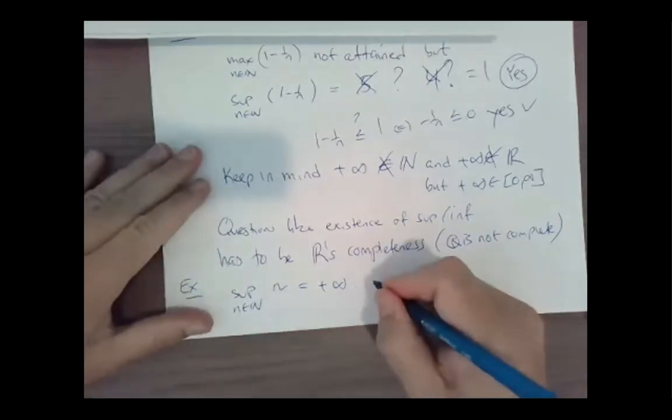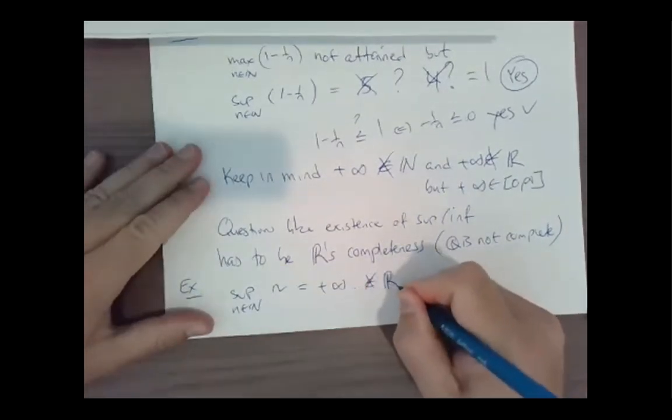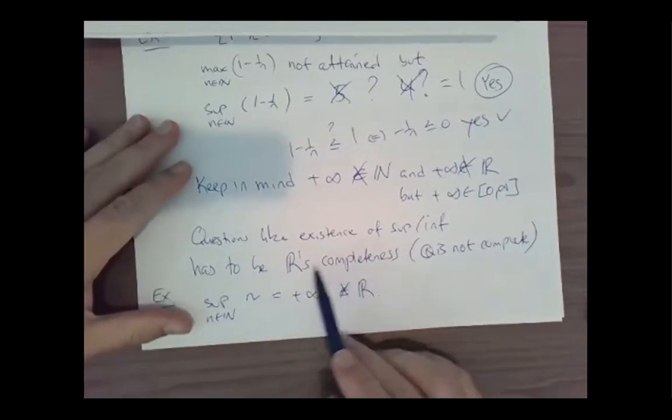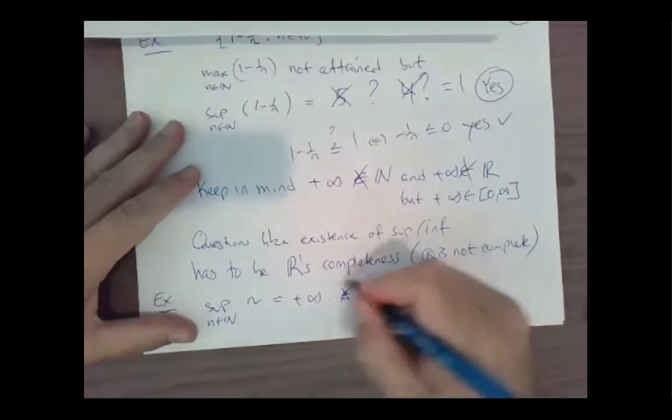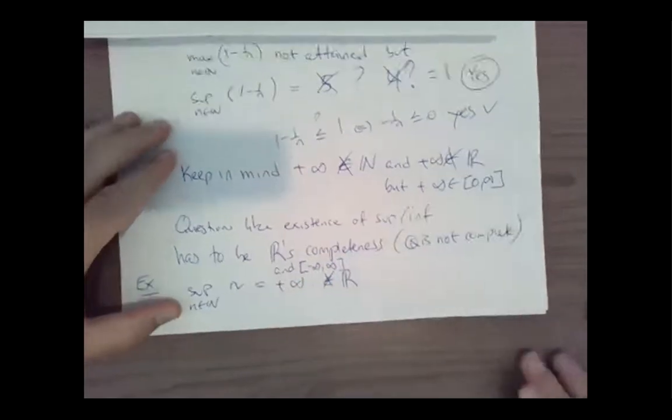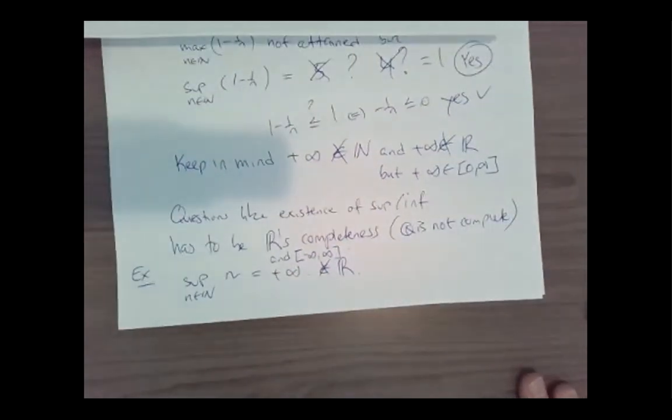So this is not an element in the real number system. This is R's completeness, for bounded sequences. You would have to extend the numbers to include minus infinity and plus infinity if you want it in general. And we only deal with non-negative sequences for now, so we only need the positive part.